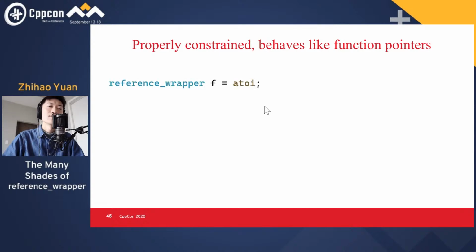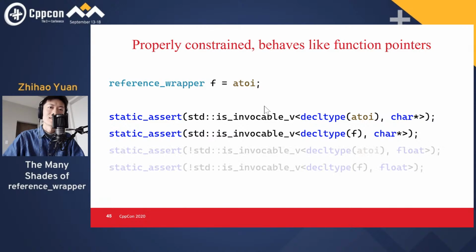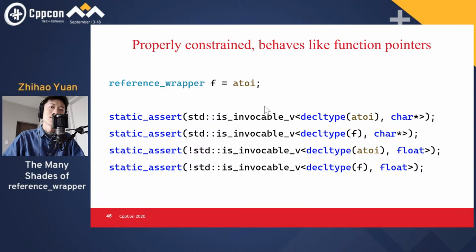So if you have some original function and a reference wrapper to that function, if you test is_invocable of the original function given a set of argument types, if is_invocable answers yes, its reference wrapper also answers yes. If is_invocable answers no, reference wrapper answers no as well.